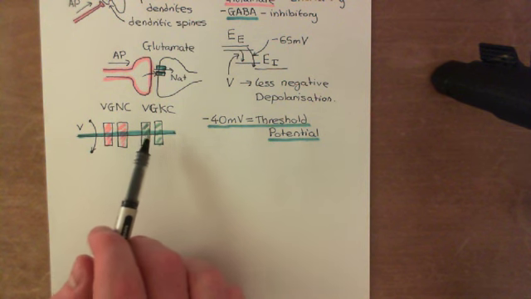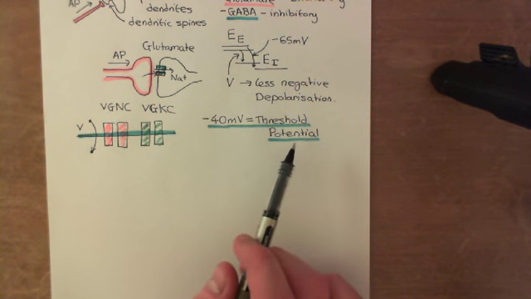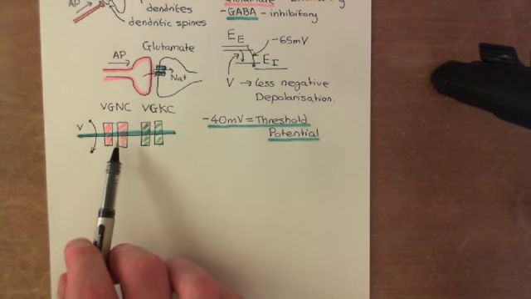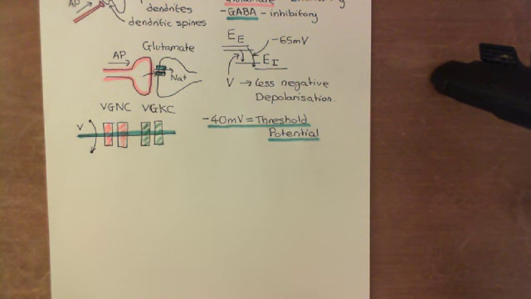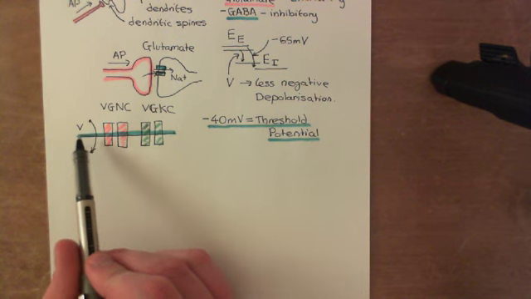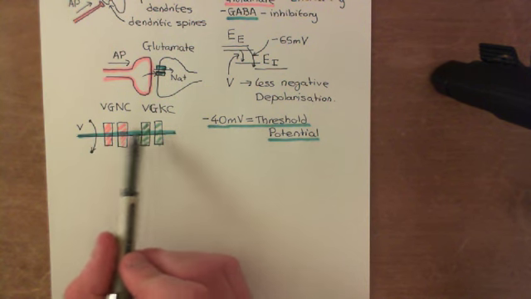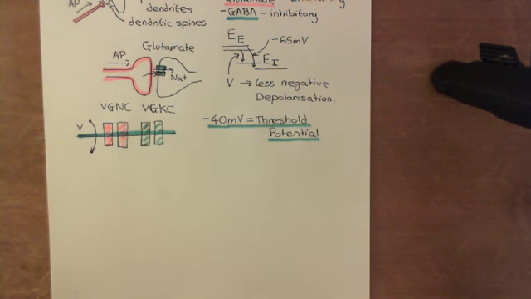The voltage-gated sodium channels and the voltage-gated potassium channels are both activated pretty much at the same point, but these ones open really quickly after being activated, and these take much longer to open. Okay, so let's talk about this. Once you get up to negative 40 millivolts, all of the voltage-gated sodium channels in this little portion of membrane here are going to start opening, and they're going to open really quickly.